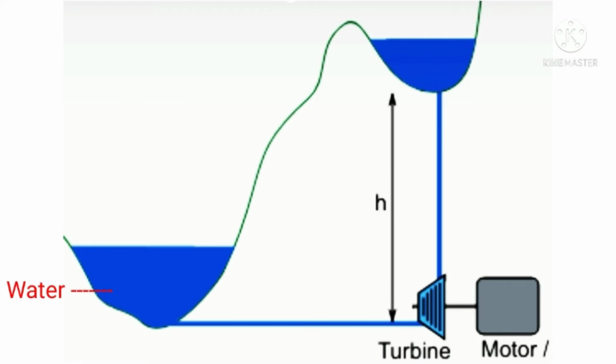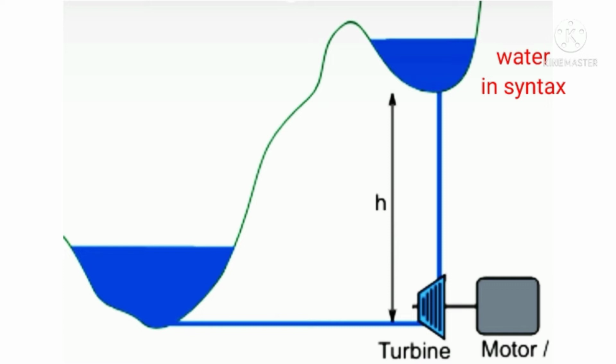We are storing the tap water into the syntax tank by using a motor. The water coming from your tap on the floor, by using electrical energy, we are pushing into the tank at the top of your house. So whatever work is done by the electric motor will get stored in terms of potential energy.